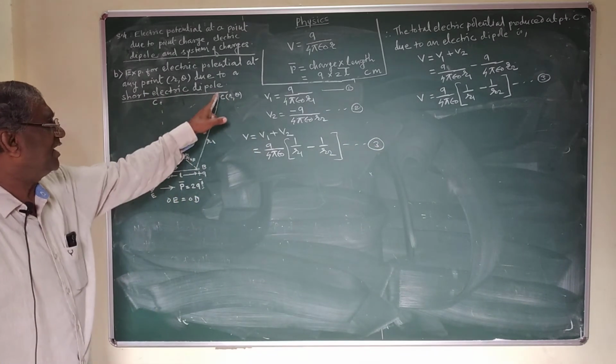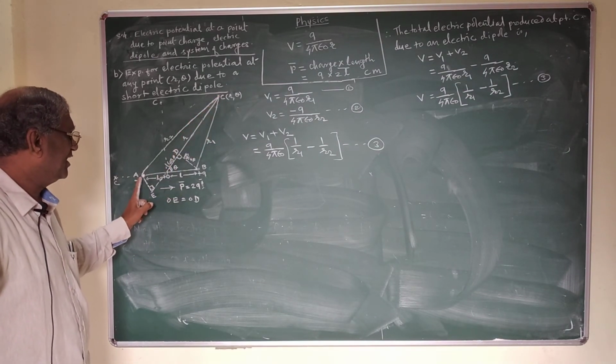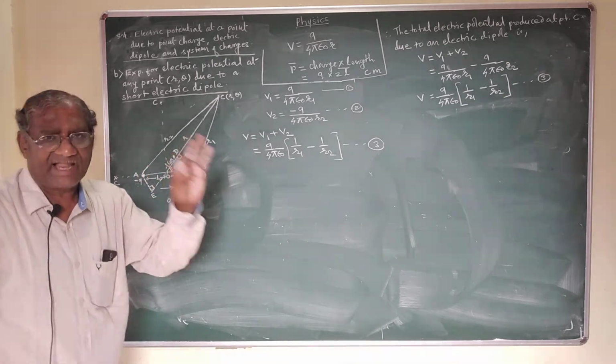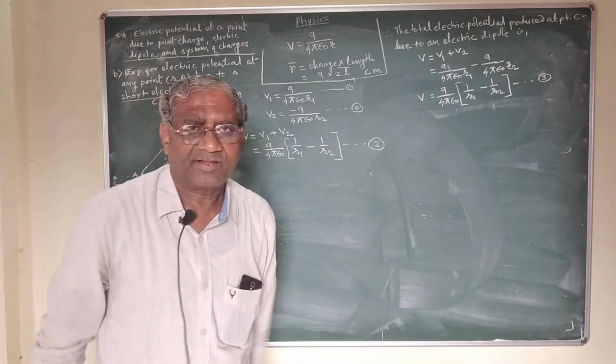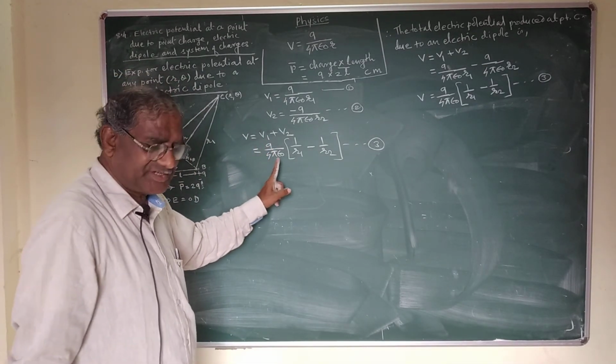This is the total electric potential produced at point C due to these two charges, plus Q and minus Q, of the electric dipole. Now, we have to simplify this equation.